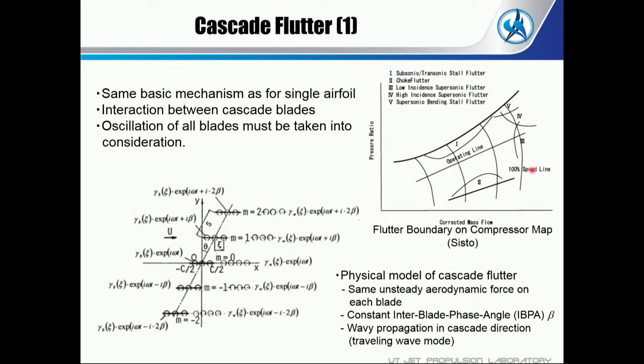And the third, fourth, and fifth regions are high-speed cases: low incidence supersonic flutter, high incidence supersonic flutter, and supersonic bending stall flutter. But nowadays, the very big problem is regions 1, 5, and 4. These are the near-stall flutter and the shock-associated flutter.